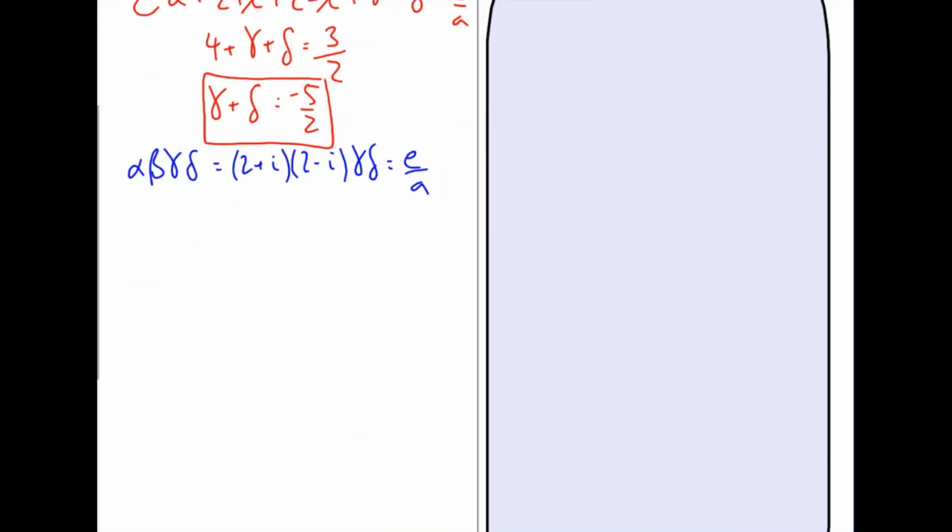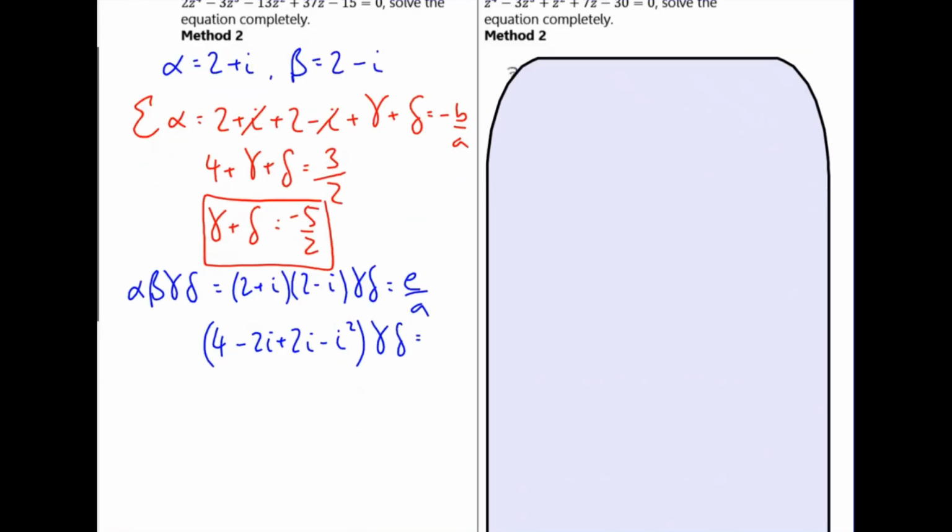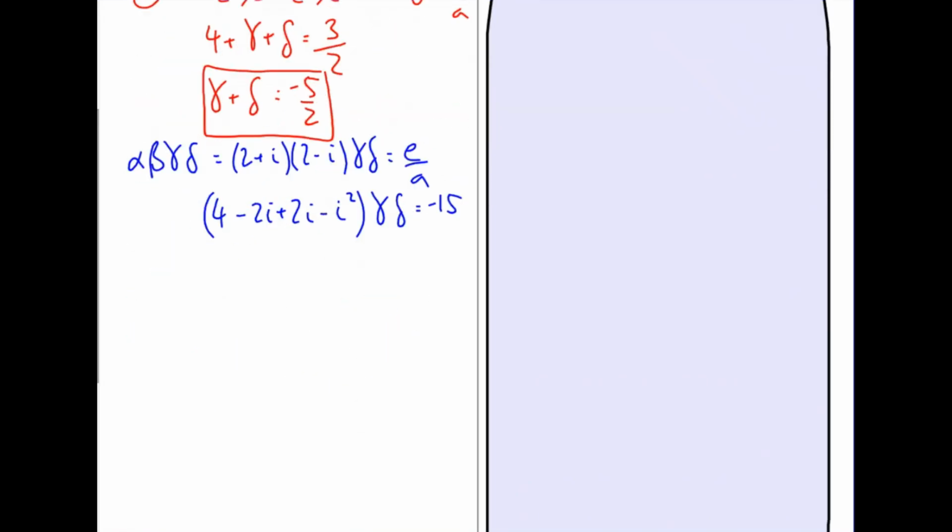If I expand this bracket out, it gives me 4 minus 2i plus 2i minus i squared. Gamma delta. And e over a, in this case, e is minus 15, and a is 2. So that gives me 5 gamma delta equals minus 15 over 2, or I can divide through by 5 to get gamma delta is minus 3 over 2.